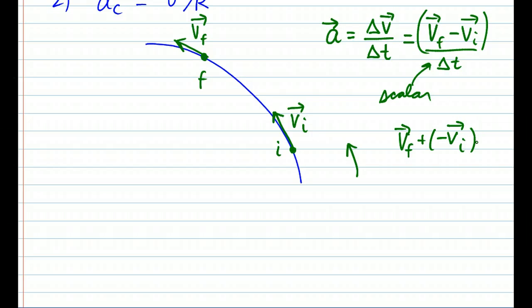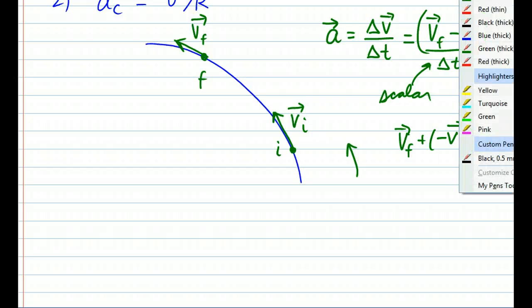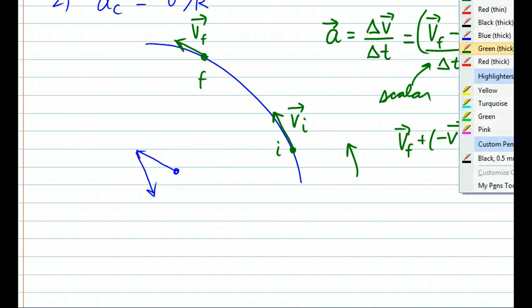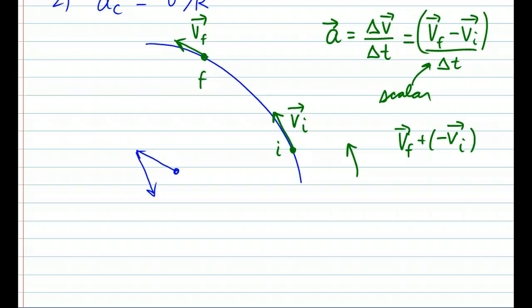So we take our vector v final, and I'm going to redraw it. v final goes like this, and we're going to add to that the opposite of v initial. I'll draw it there, and then drag it over to here. When adding vectors, we go head to tail.